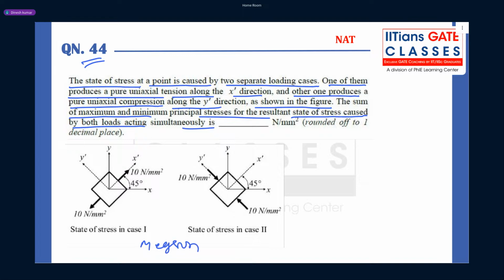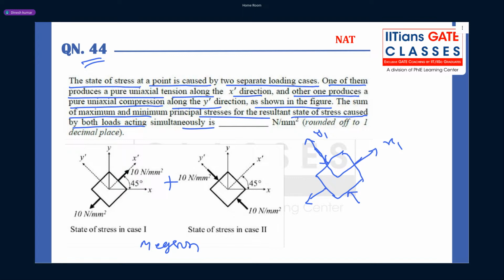Here, if you add 1 plus 2, there is no shear in the given orientation. So you can see the resultant of these two is one tensile stress in this direction, and then a compressive stress in this direction. This is the x1 direction, and this is the y1 direction.